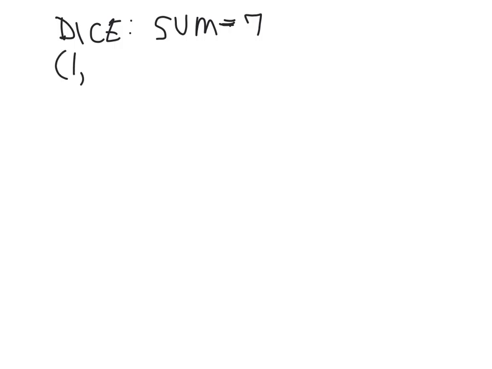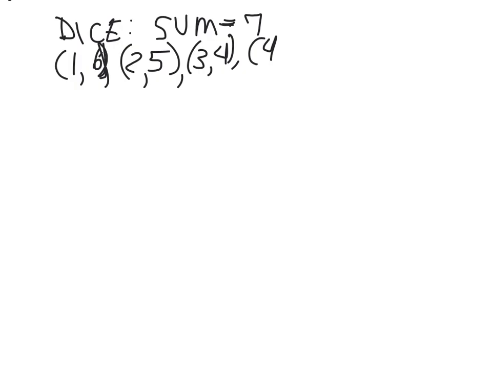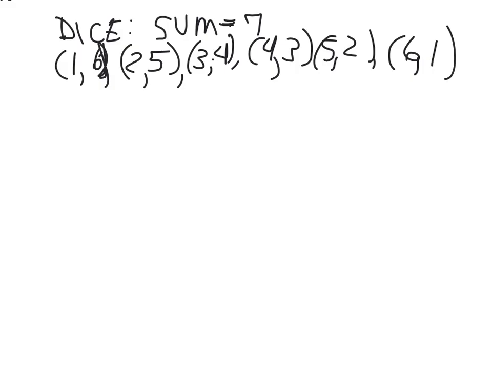Well, we know it happens when we have 1 and 6, 2 and 5, 3 and 4, 4 and 3, 5 and 2, and 6 and 1. So we count up how many those are. 1, 2, 3, 4, 5, 6.